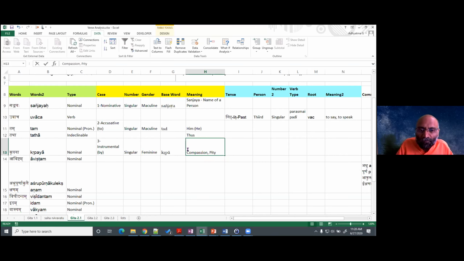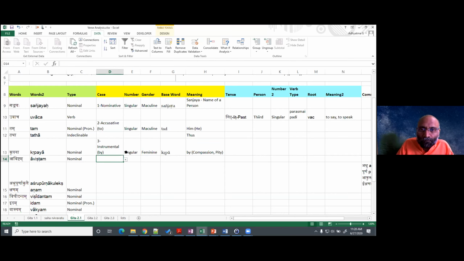So it will become by compassion, by pity, or by or with. Sometimes it is used in the sense of with. But when we translate into English, we have to use the preposition that makes sense in the sentence. We cannot blindly copy one to one, as I said. But this gives you an idea that this is the instrumental case, and that's what the meaning would be.